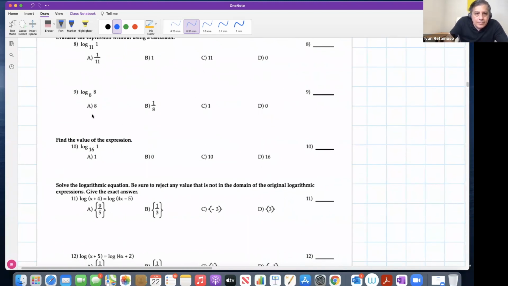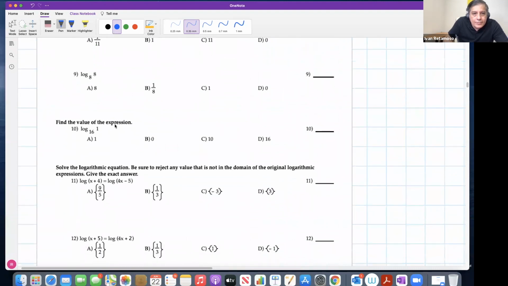Before that, probably just to check, we should try this one. Based on the properties, try to do this. What should be log base 16 of the number 1 based on the first property? Excellent, very good.